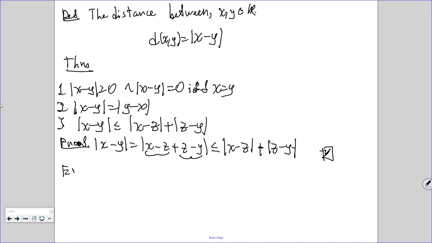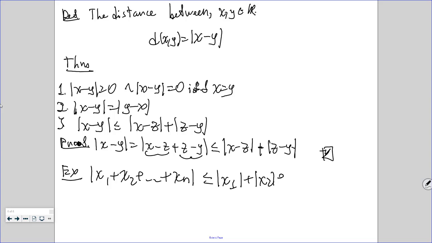The same way we can prove that the absolute value of a finite sum is less than or equal to the sum of the absolute values separately. You can use induction to prove that. For case 1, n is 1, then the absolute value of x1 is less than or equal to the absolute value of x1.